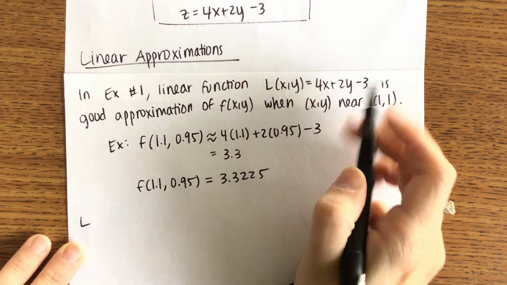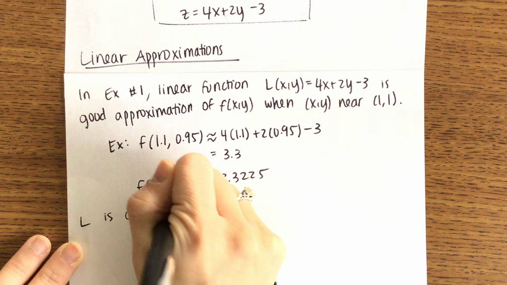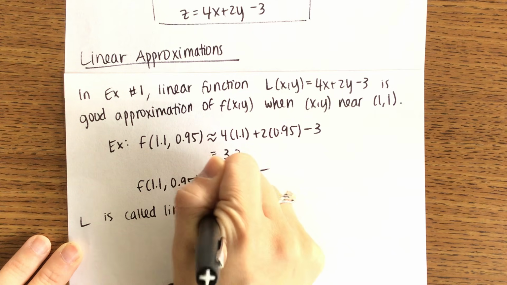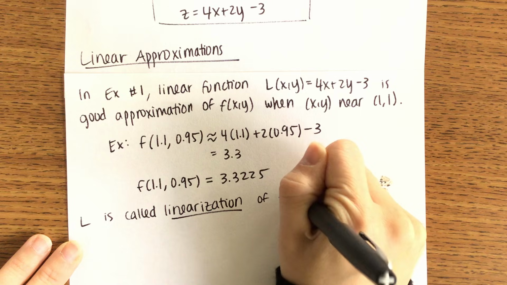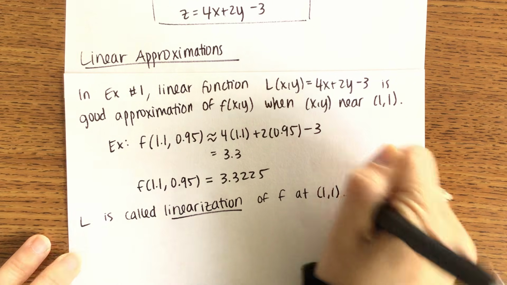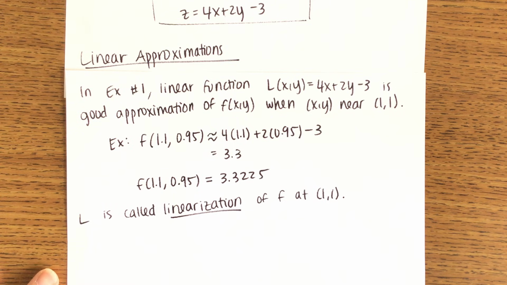L then, this function up here, is called the linearization of f at the point 1, 1. So the linearization at 1, 1.